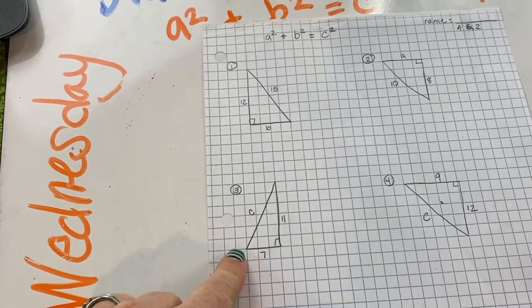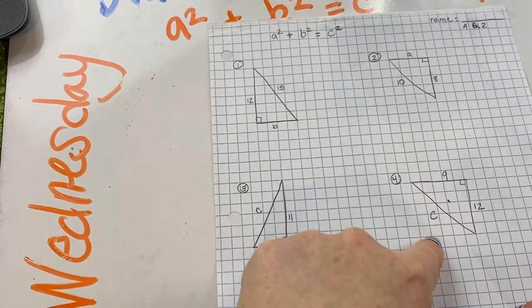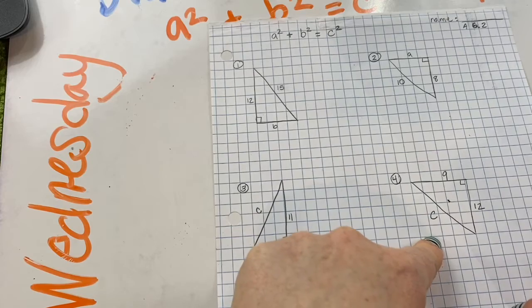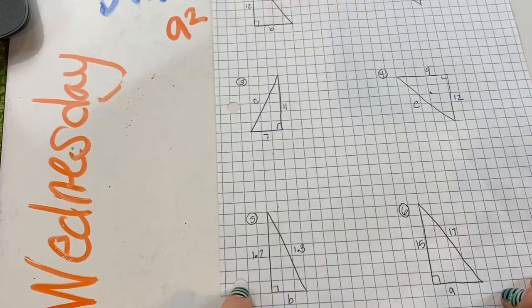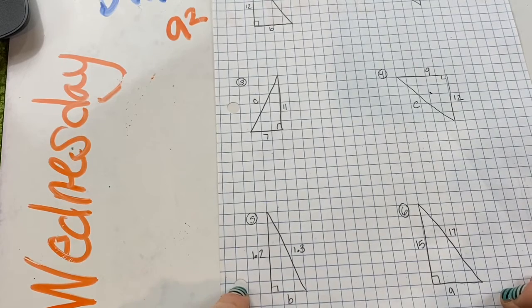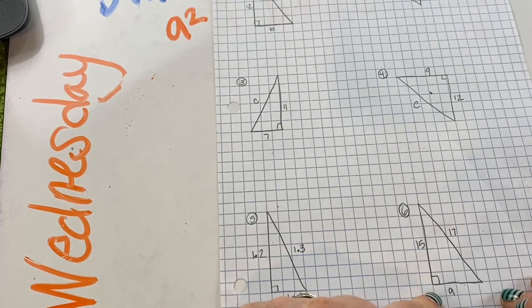On number 3, it's this one. On number 4, pause your movie so make sure you can get these written down right. Okay? There's only 6 problems today, but they're 2 points each. I just did that one with you guys, so you guys should know that one. Okay? And then this one right here.